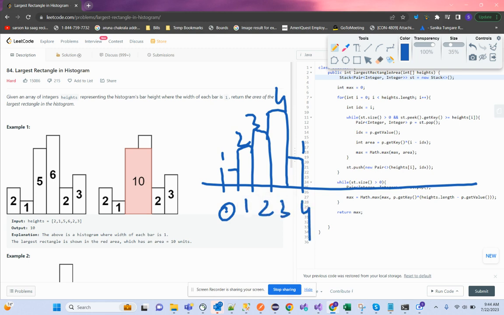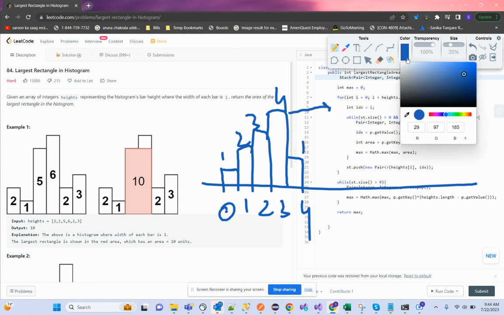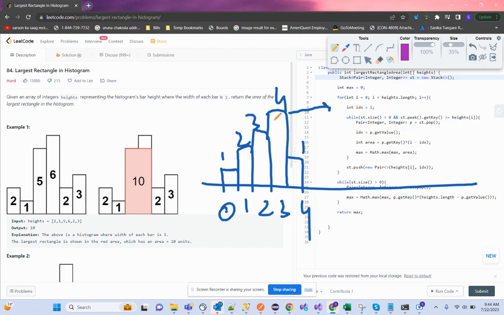Let's try to understand over here. If you see it in the simple array, we'll go from the first, but let's try to understand this histogram. Here you see the biggest height is 4, right? So can we extend it further? We cannot. This histogram cannot be extended further because there is a loophole over here.